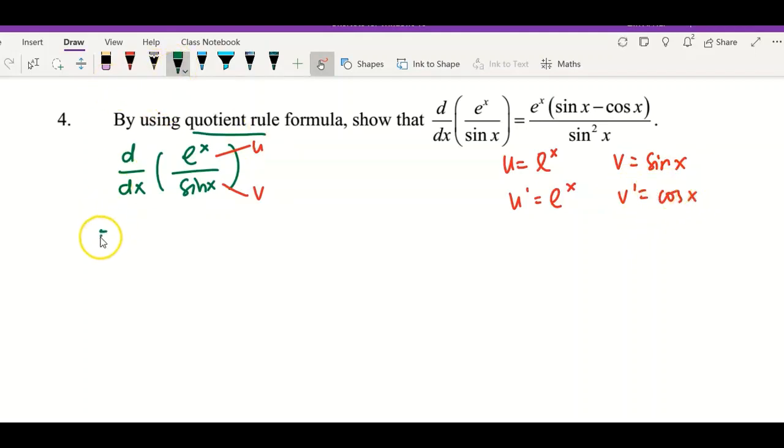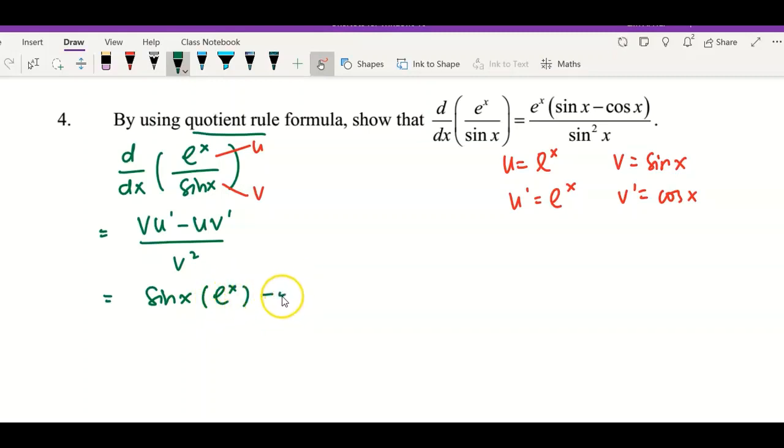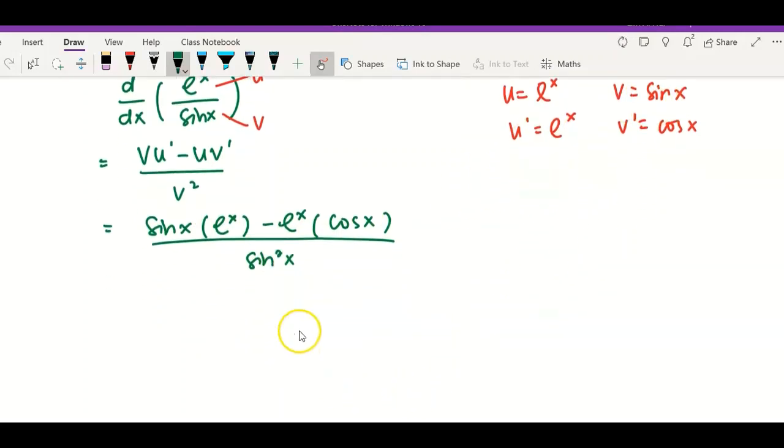Then if your v equals sine x, v prime will be equal to cos x. Substitute into the quotient rule, which is v u prime minus u v prime over v square. Your v is sine x multiplied by u prime, which is e^x, minus u, which is e^x, multiplied by v prime, which is cos x, over v square. We have v equals sine x, meaning we have sine square x.